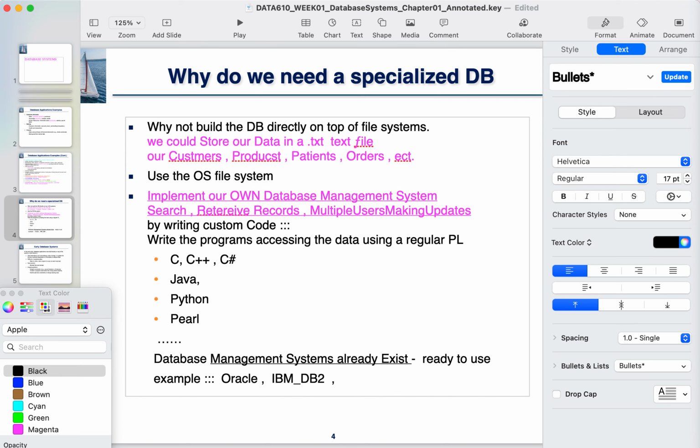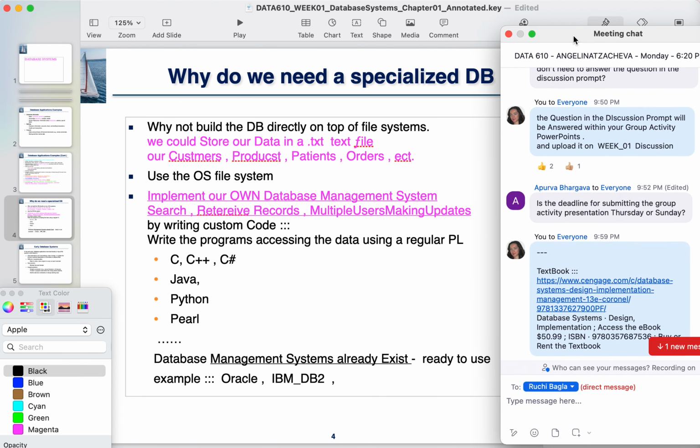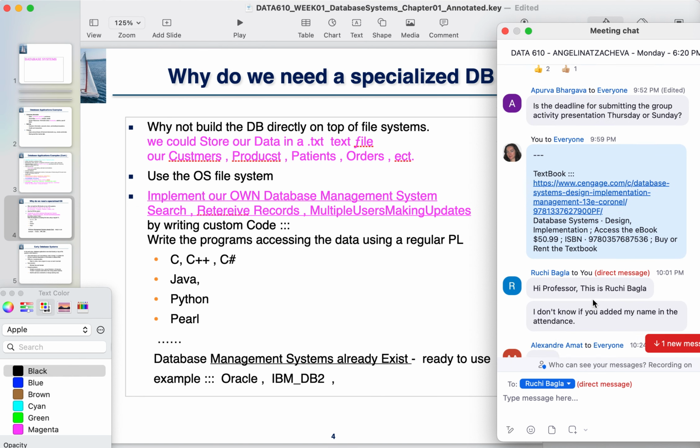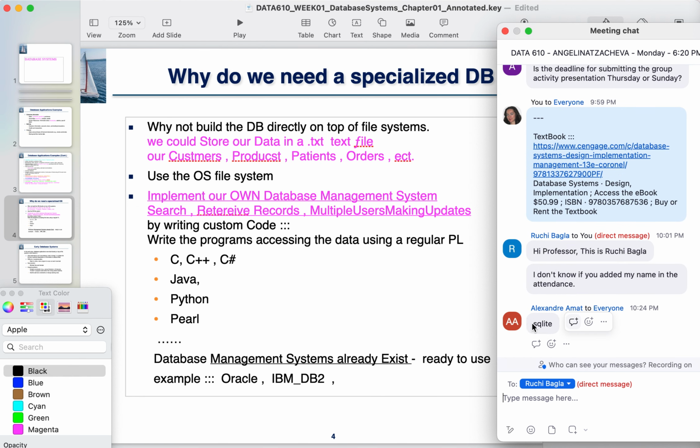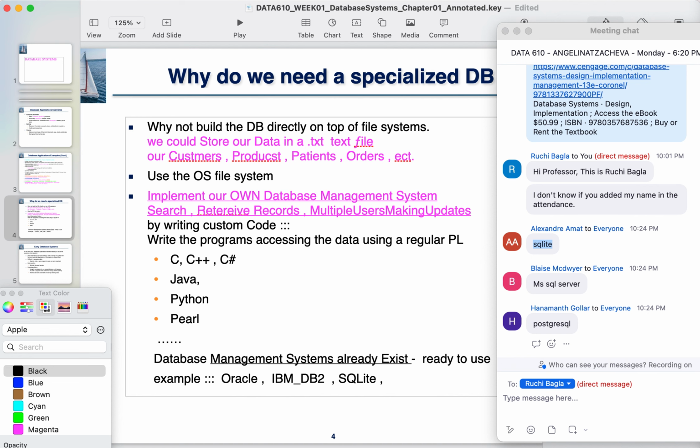Can you type it in the chat? Because I can't hear very well. Okay, there we go. SQLite. What else here?